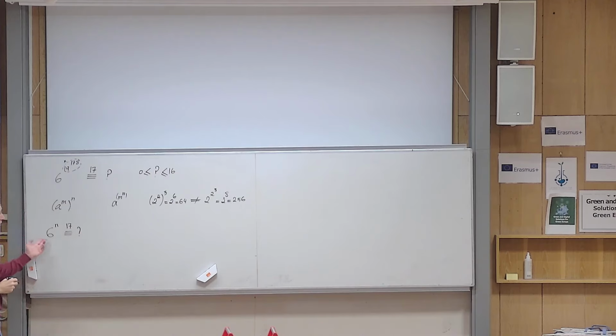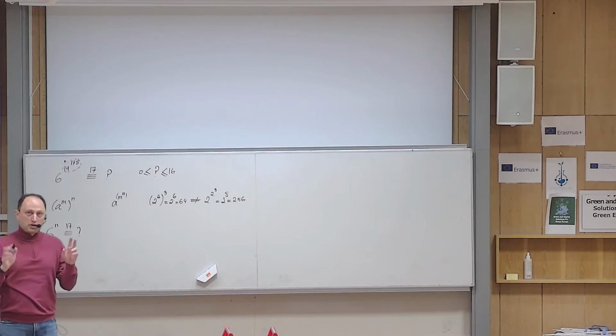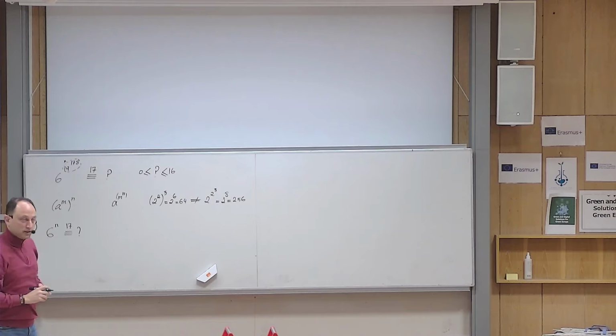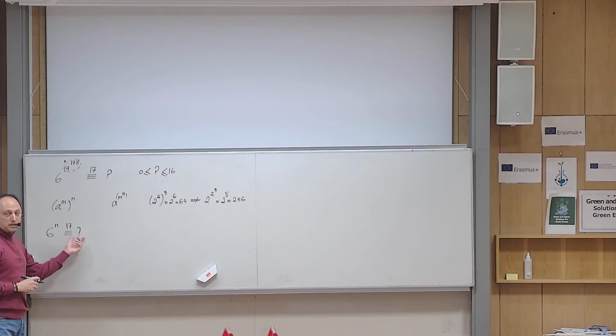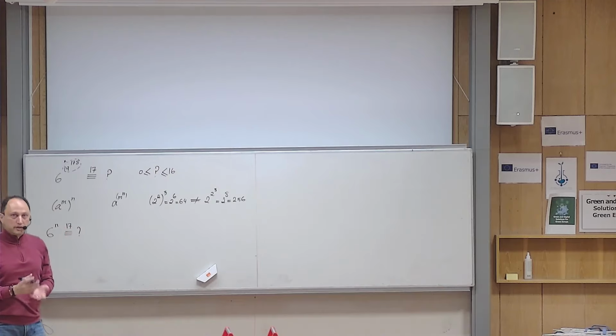Okay, but then you usually, if you have followed my lessons, you know that we have to find an ideal case. Yes, I want to find, if possible, some power of 6 which is congruent to either 0, 1, or minus 1, modulo 17, because 0, 1, and minus 1, which I call the ideal cases, are the only numbers that I can raise to high powers without any problems, without a calculator.